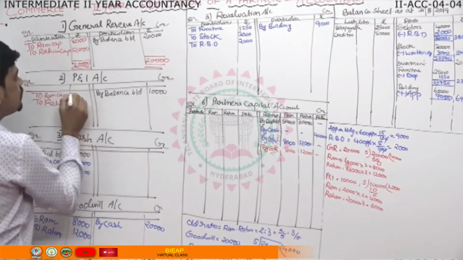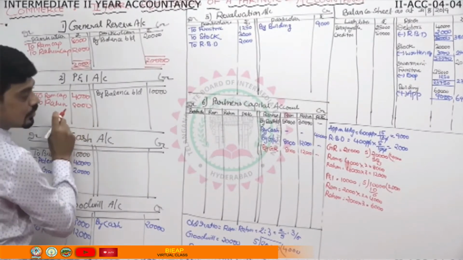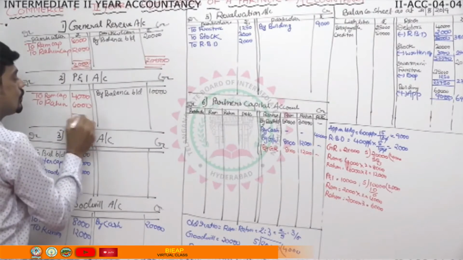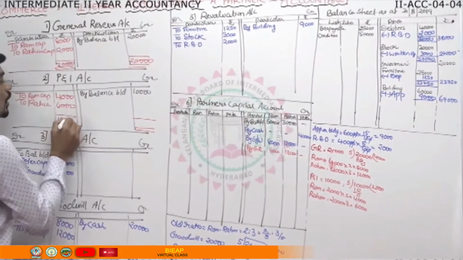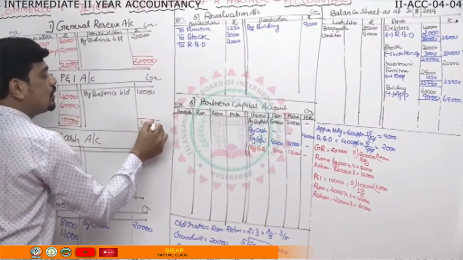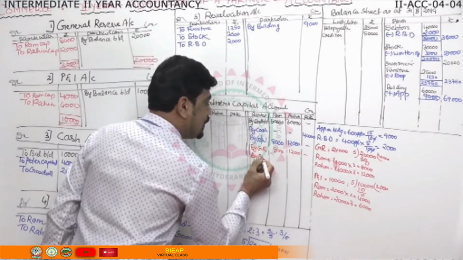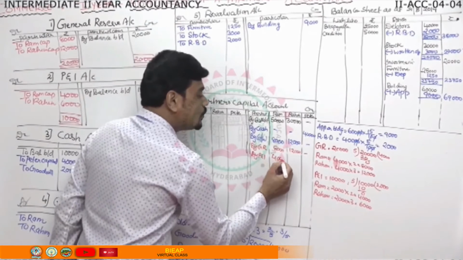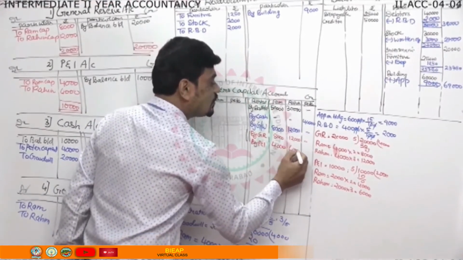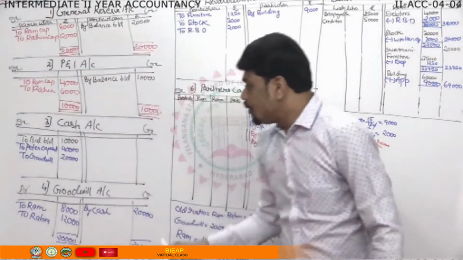So Ram gets a share of 4,000 and Rahim gets a share of 6,000. So this also is closed. 4 plus 6, 10,000 balanced. Second effect, again in partners capital, by profit and loss account, 4,000, 6,000.